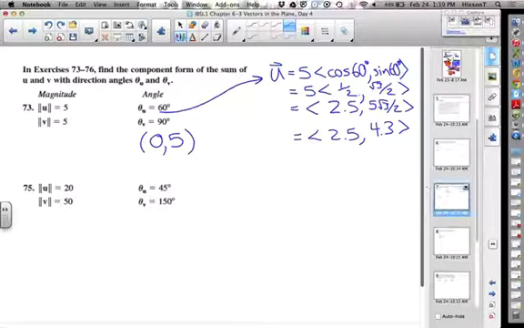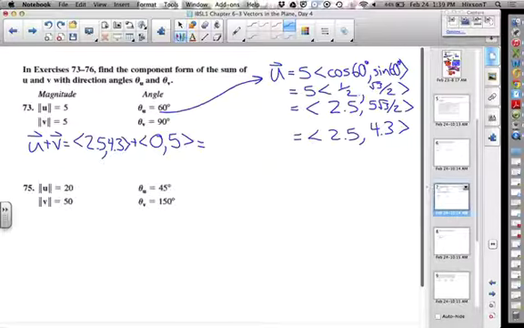Okay? So now it's saying what's the component form of the sum of u and v? Alright, u plus v is going to equal, let's be consistent here, it's going to be the 2.5, 4.3 plus 0.5.